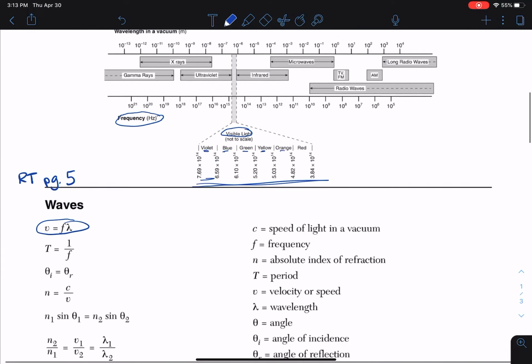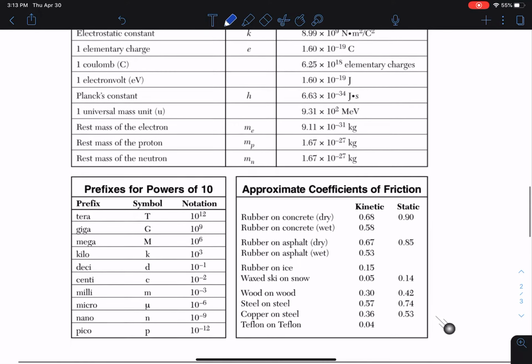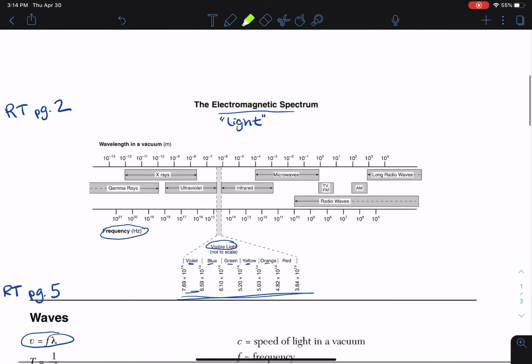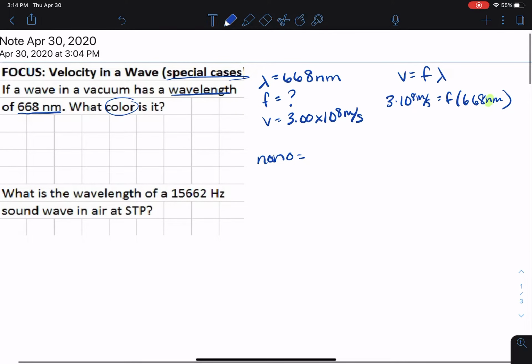So again we go look at the table, constants, prefixes, powers of 10. We look for something that has an N for the symbol. You might not even know that the word is nano, but you can look at the N here, and that tells you it's nano, and we see that it is 10 to the negative 9. It's a very, very small measurement, which again makes sense because it's a light wave.